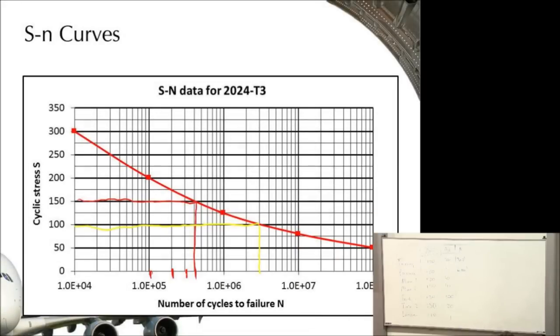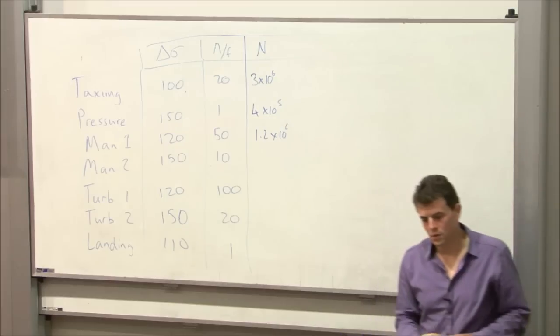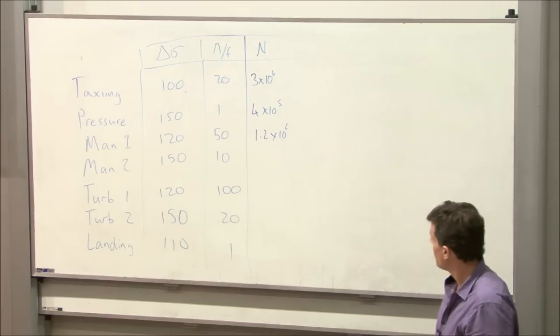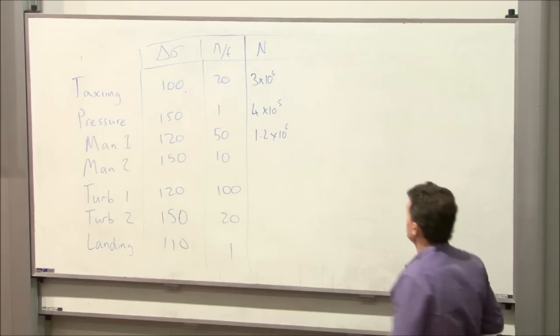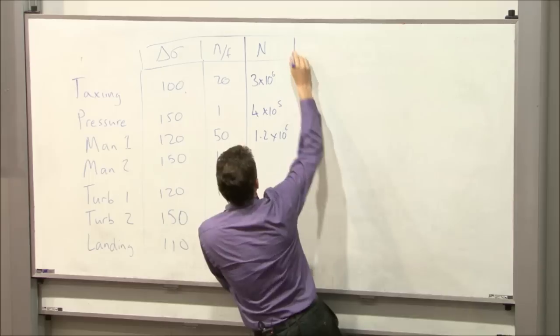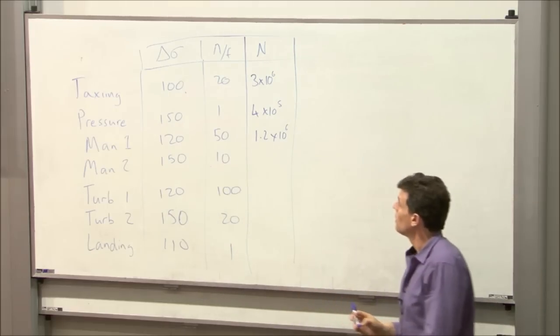Let's do 120 for instance. 120 is somewhere here. So we could say it's about 1.2 by 10 to the 6. And you can fill out this whole table on your own time.